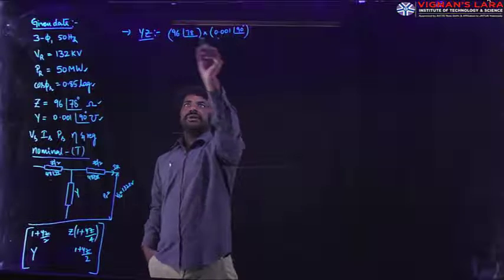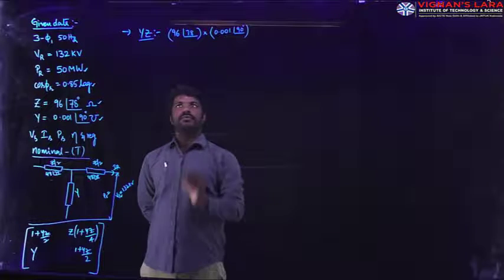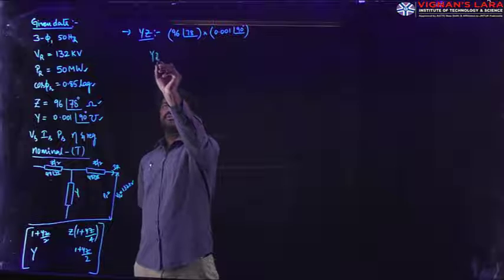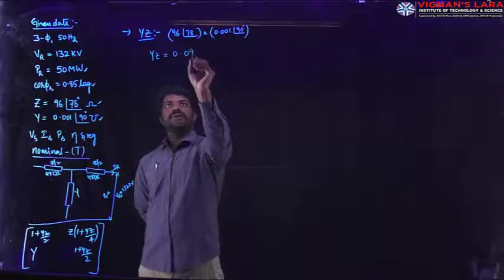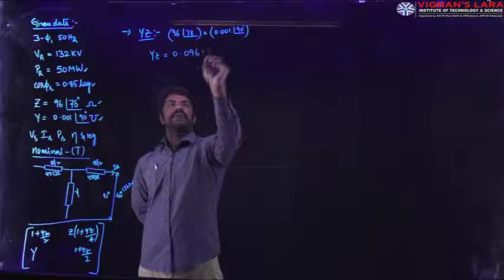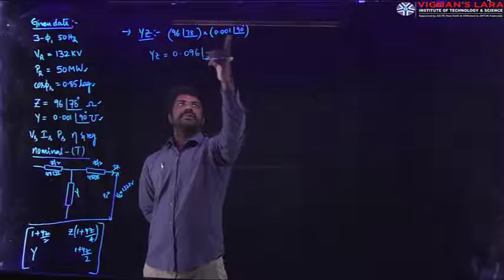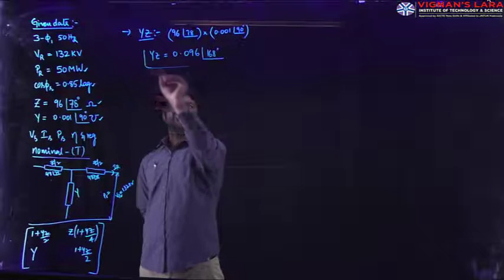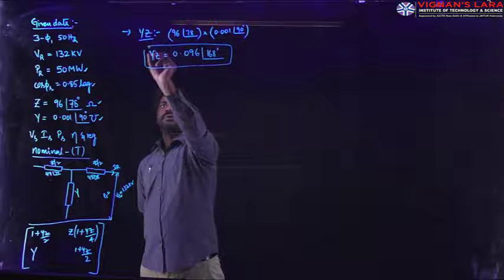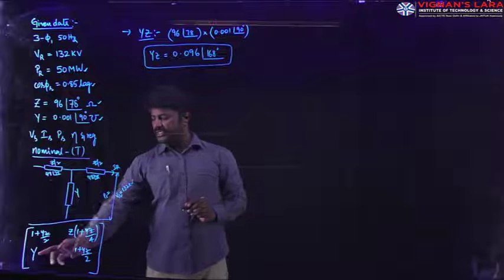The product of these two, 96 multiplied by 0.001, gives us the YZ value, which is equal to 0.096. Product rules: magnitudes are multiplied, angles are added. 78 plus 90 is 168 degrees. This is YZ, which will be helpful for us for finding the constants A, B, C.